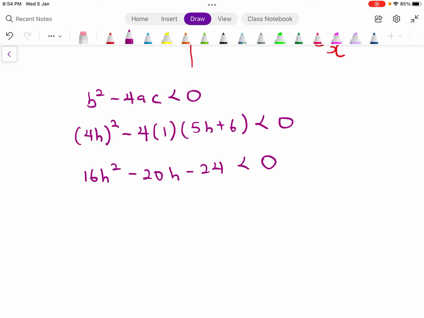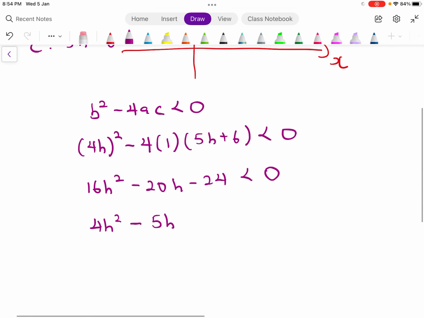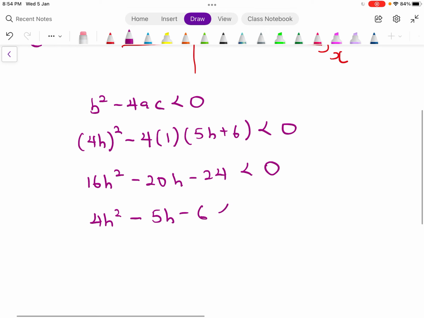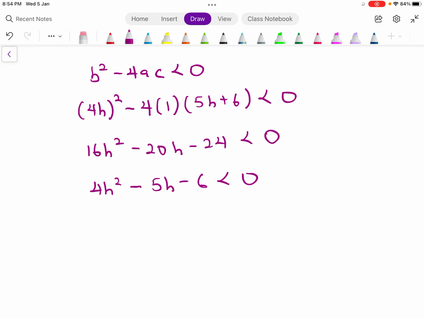Now I try to reduce to the simplest form before I do my quadratic factorization. So I divide by 4, less than 0. Now I want to solve this inequality, which is what we call the quadratic inequality.